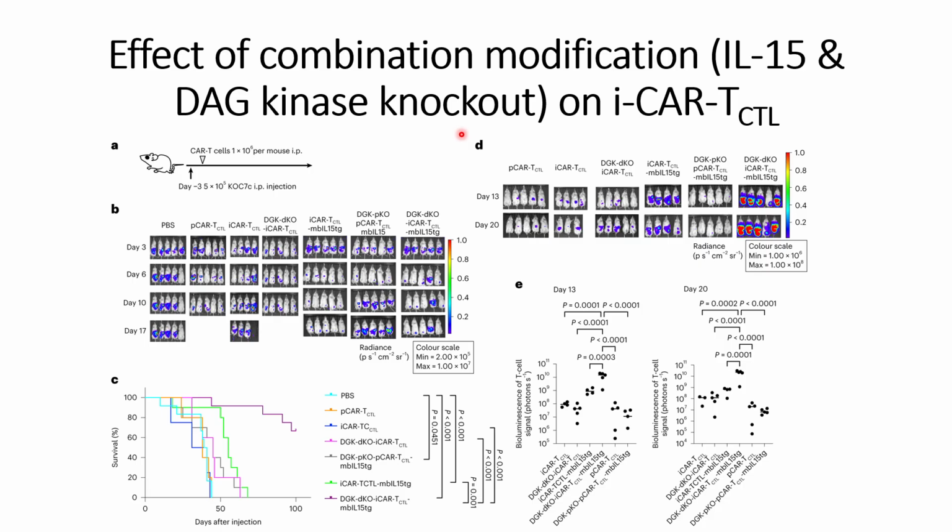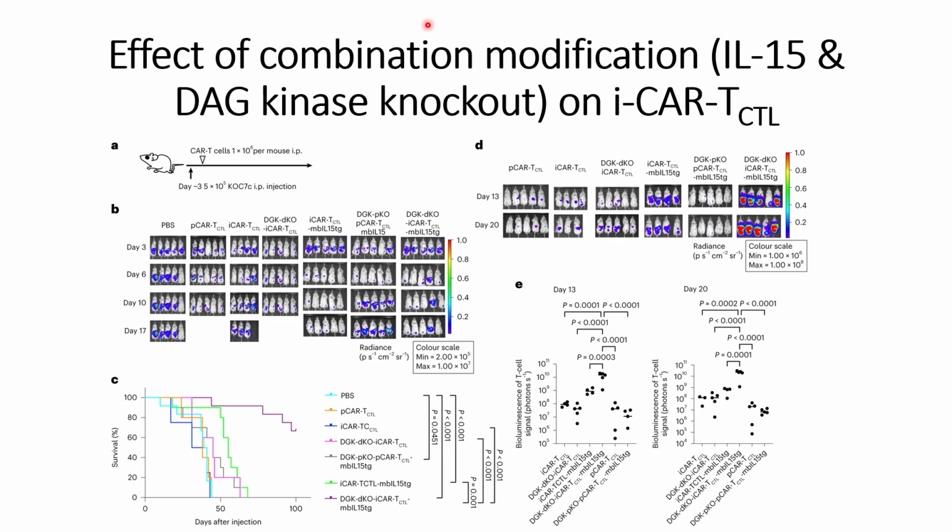And when they look into the genes that are overexpressed in these individual modifications, they are able to see that in the interleukin 15 induction, more genes related to DNA replication and cell cycle are upregulated, whereas the genes involved in inflammation and response to external stimuli are more upregulated in this DAG kinase knockout.